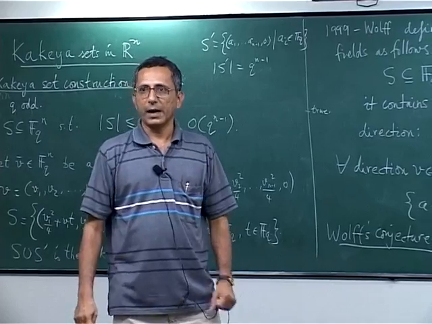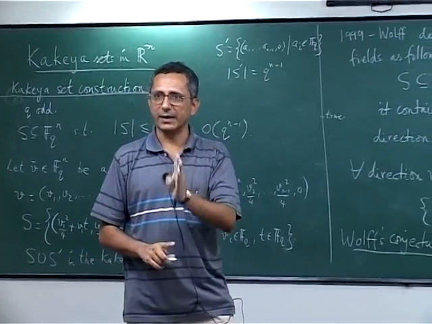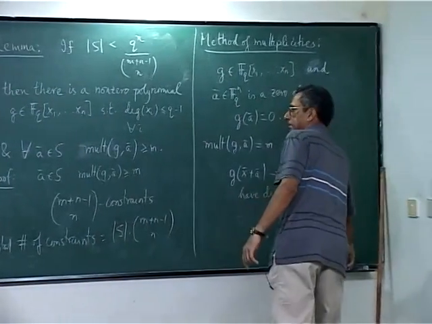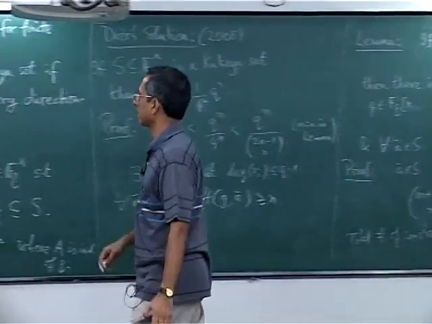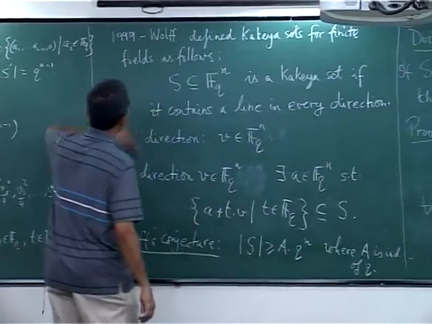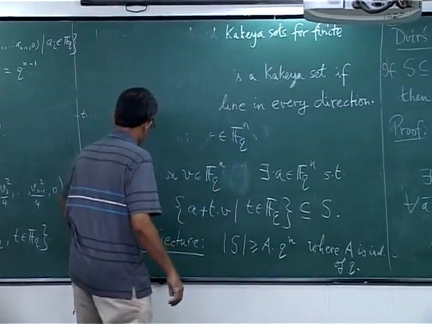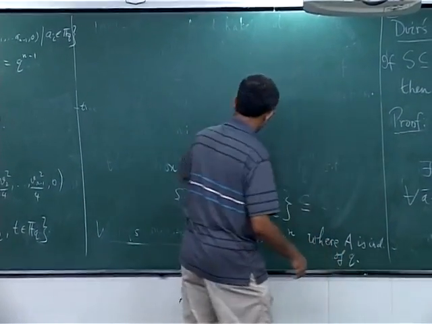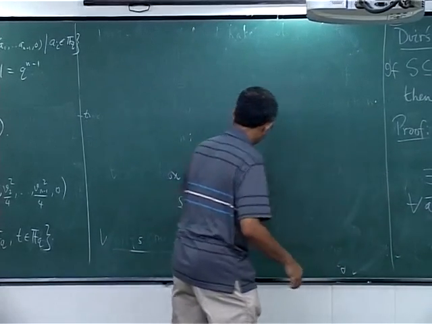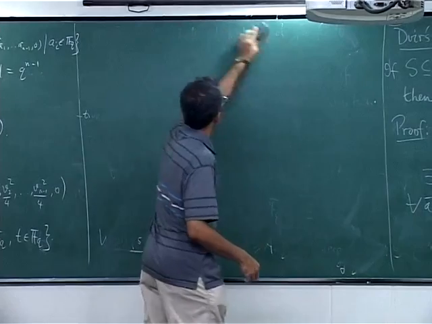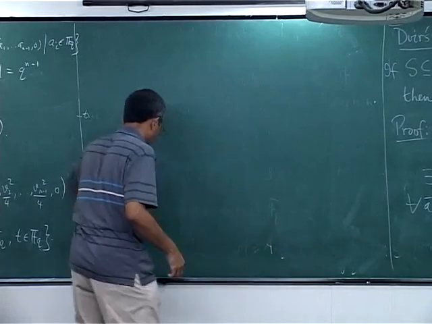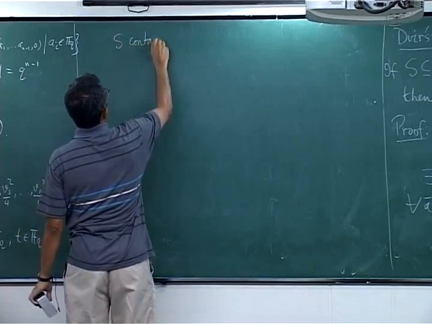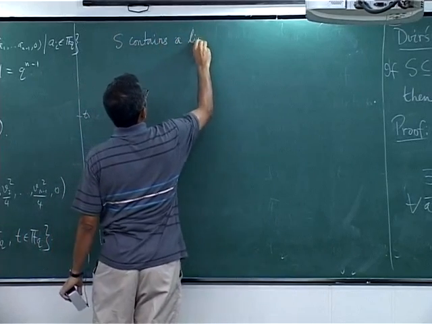And now I will use the fact that it is a Kakeya set, it contains a line in every direction. S contains a line in every direction.